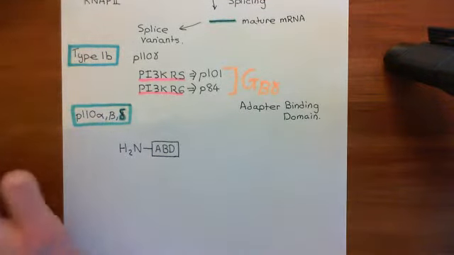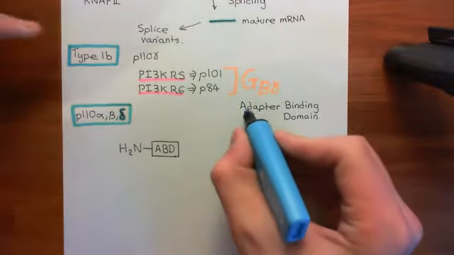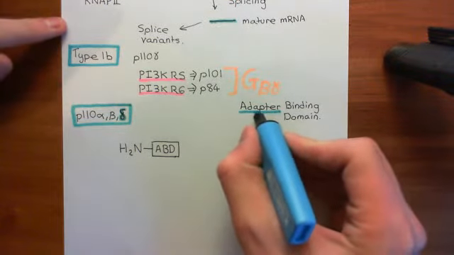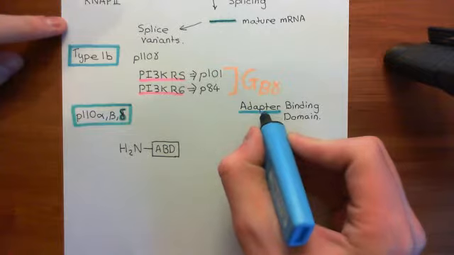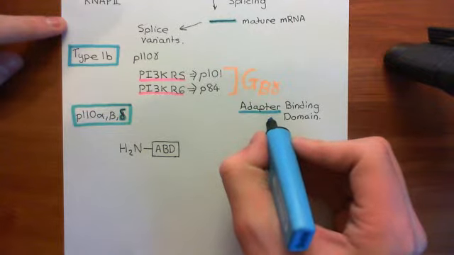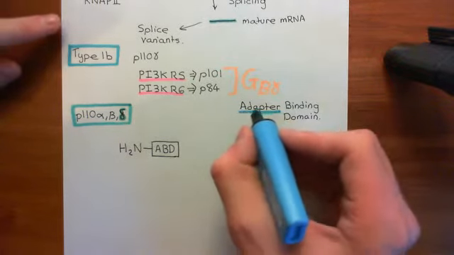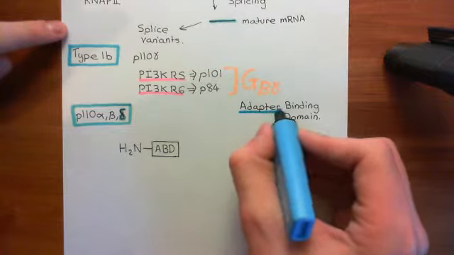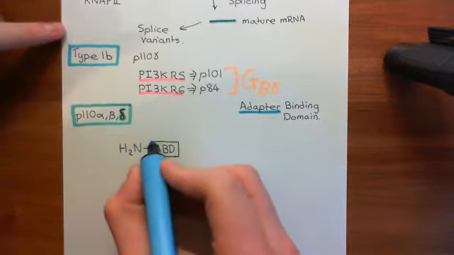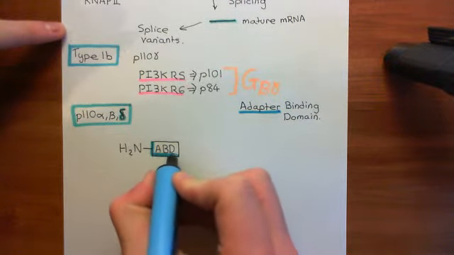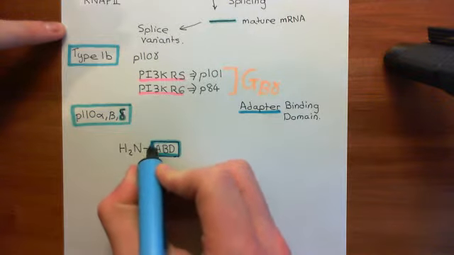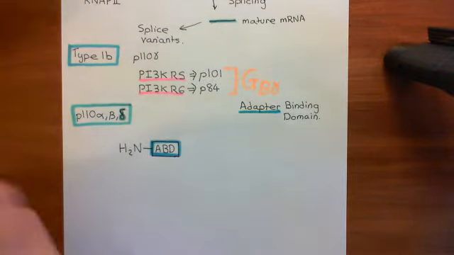Effectively, the regulatory subunit is acting as an adapter, the protein in between the receptor tyrosine kinase and the catalytic subunit of the PI3 kinase enzyme. That's why this region, which is binding to this adapter protein, is called the adapter binding domain. Let's colour in the adapter binding domain, or the ABD, in blue.